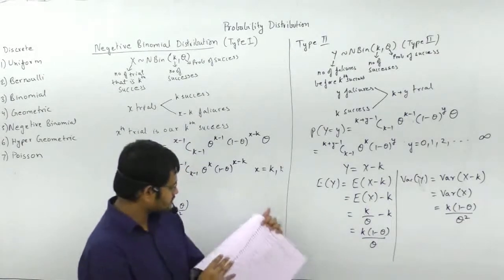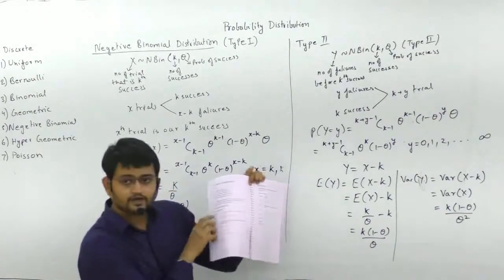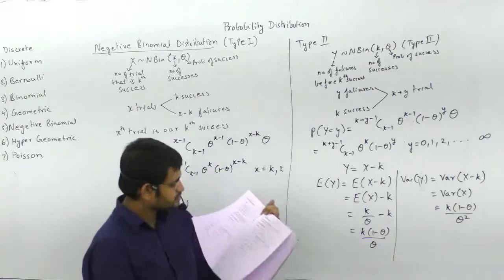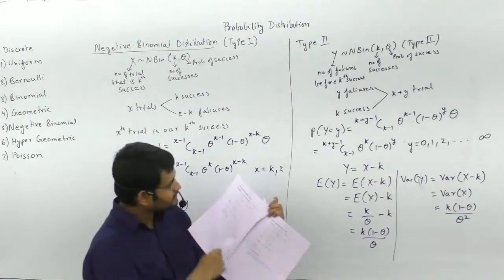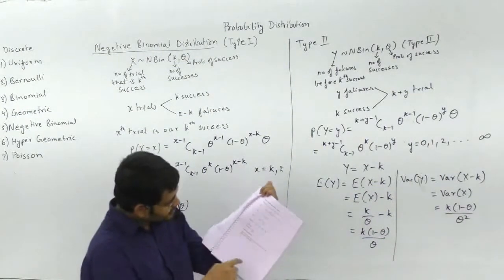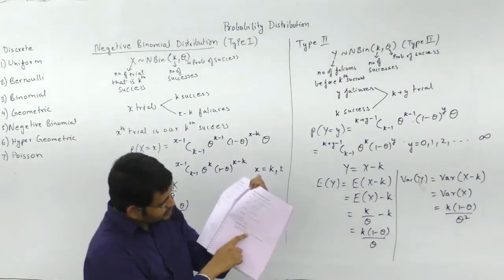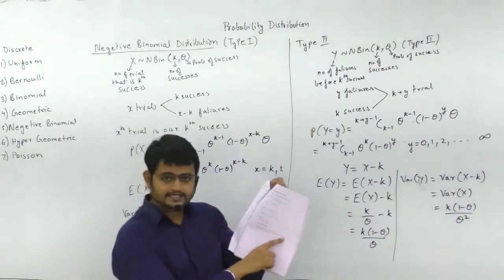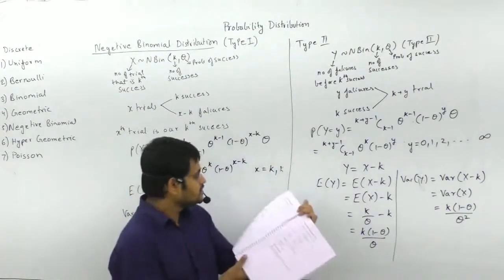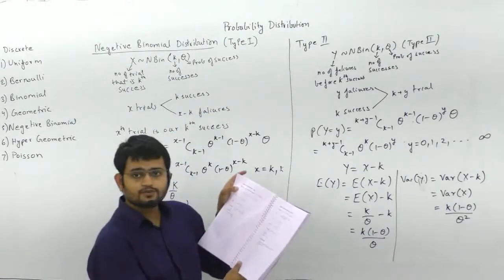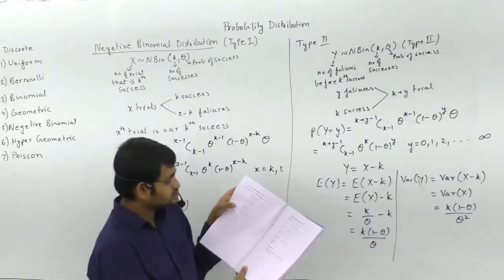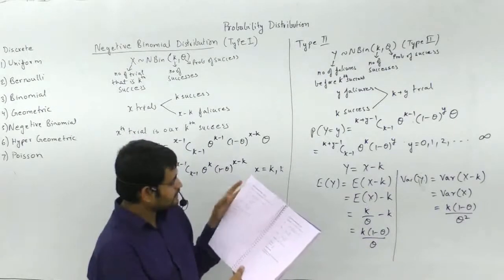First they have mentioned all the discrete distributions: binomial, Bernoulli, Poisson, then negative binomial type 1, negative binomial type 2, and geometric, where they have said the geometric distribution is the same as the negative binomial distribution with parameter k. So you can use the probability distribution function from here, and you can use the moments, that is the expected value and variance, from here.